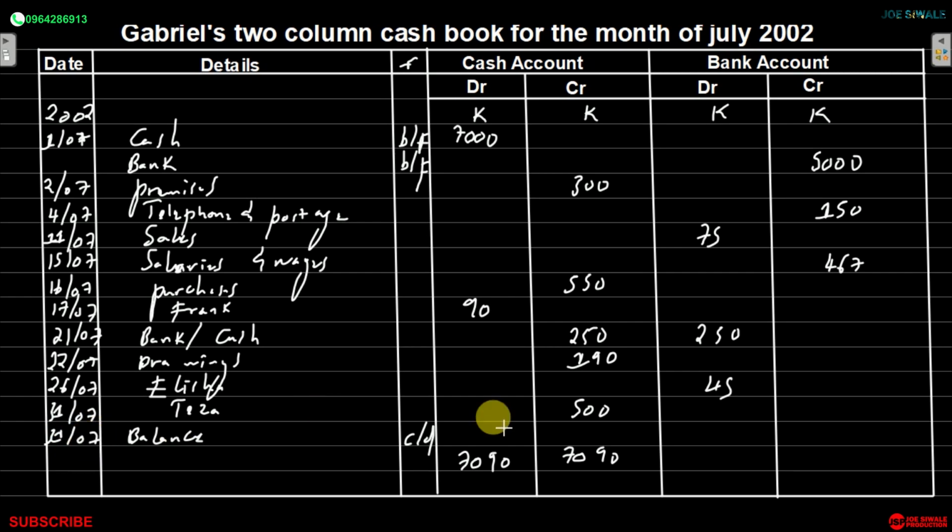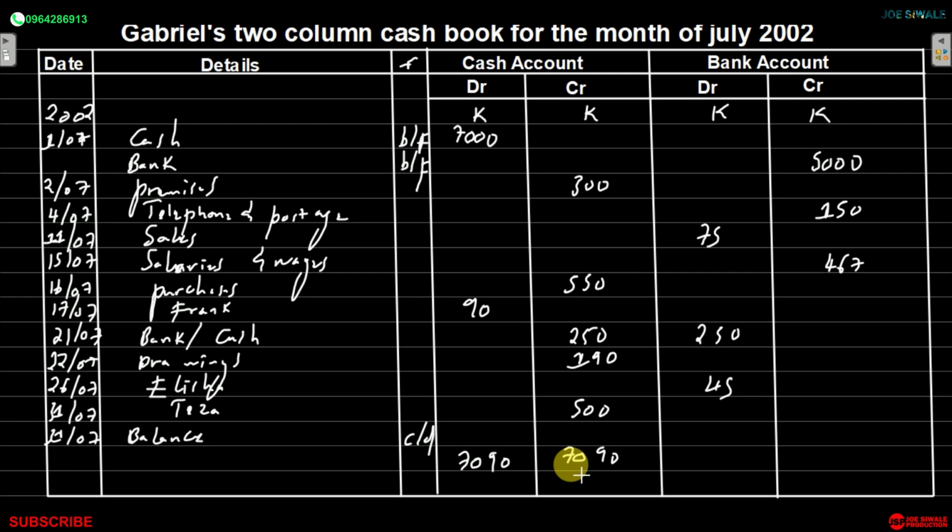And how we find our balance carried down, we're going to find the difference of the side that is having a smaller amount, and the side that is having the smaller amount, we say this is the credit side. So we're going to say 7090 minus the total of the credit side, and the total of the credit side, we said it is 1790.